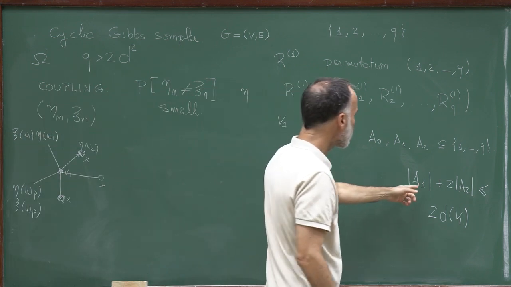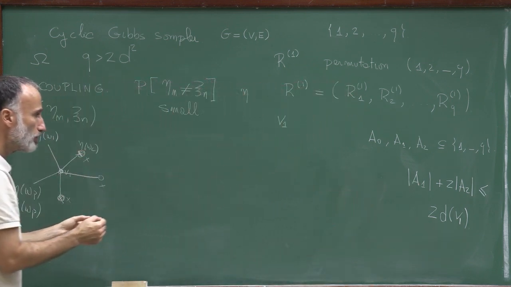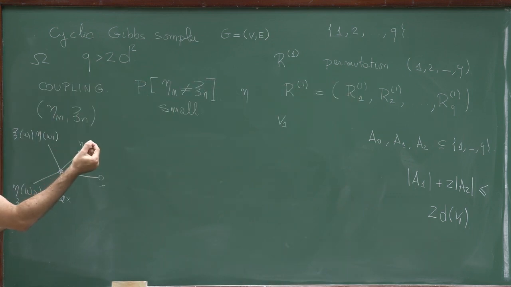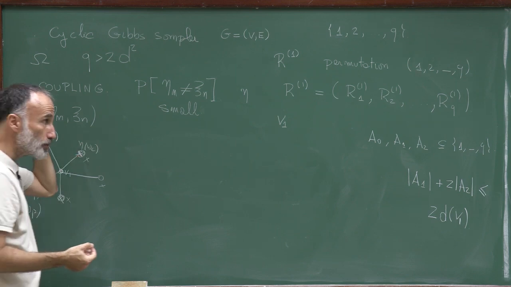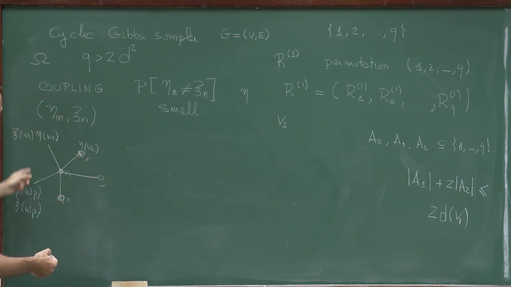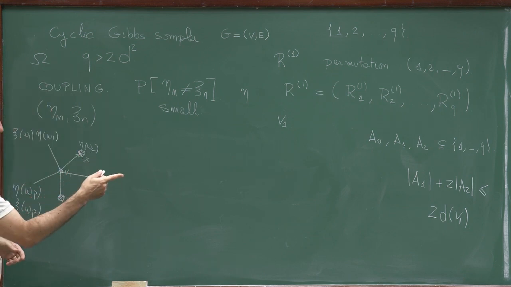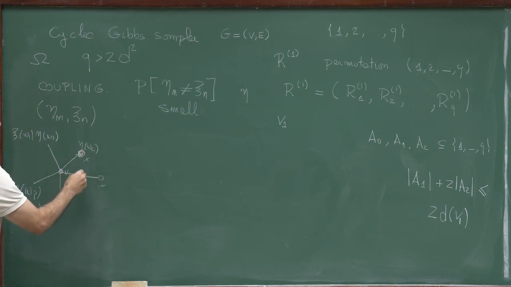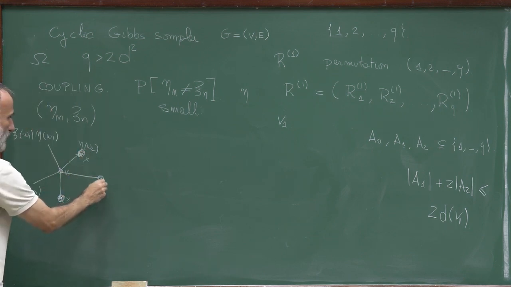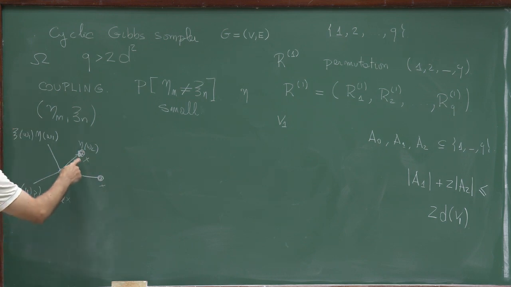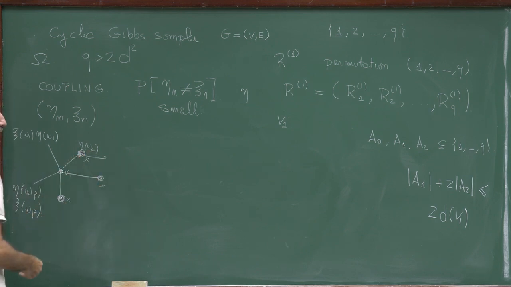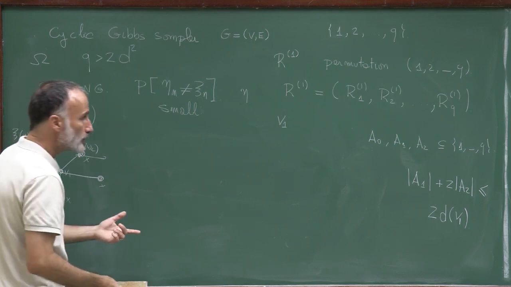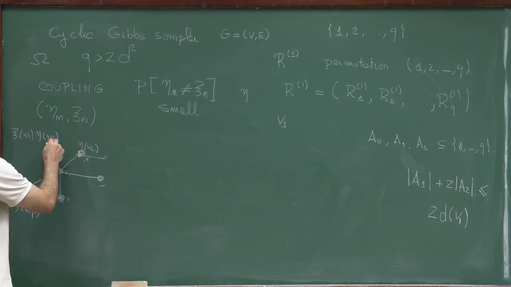And A1 tells me the number of neighbors which have one color, whose color is used by eta. Here I'm counting exactly the number of points in which one color is used by either eta or psi, but just one color.